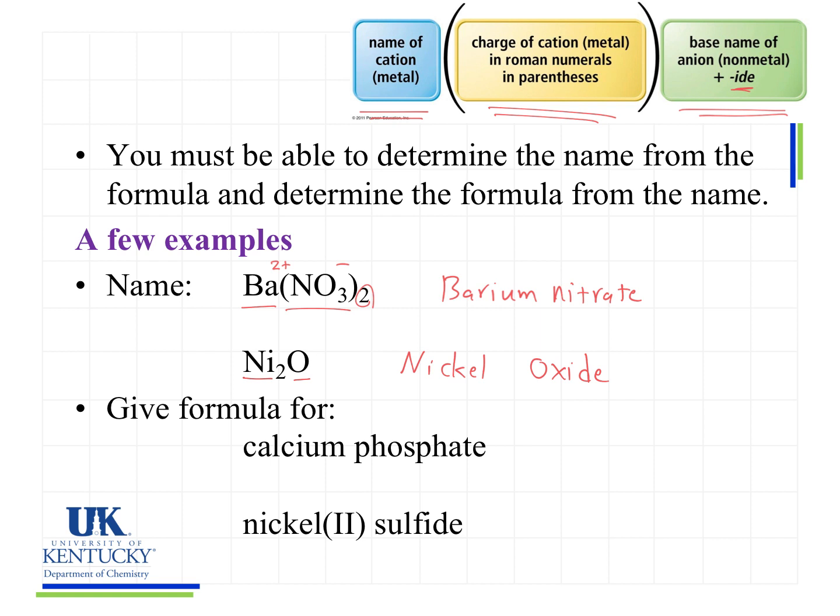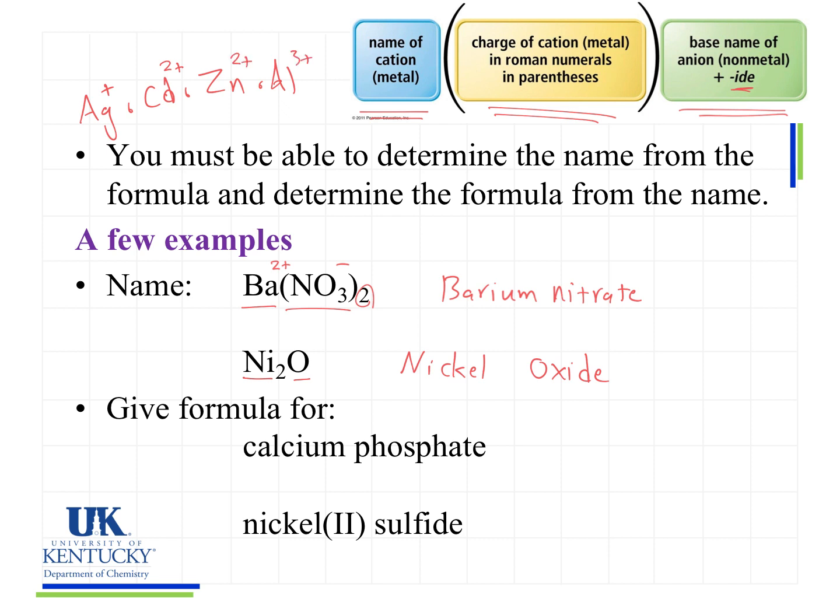Okay, the only ones that they don't need are these: Ag, silver, cadmium, zinc, and aluminum. Well, aluminum is not a transition metal, but it doesn't need the Roman numeral. Silver can take only +1, cadmium only +2, zinc is only +2, and aluminum only takes +3.